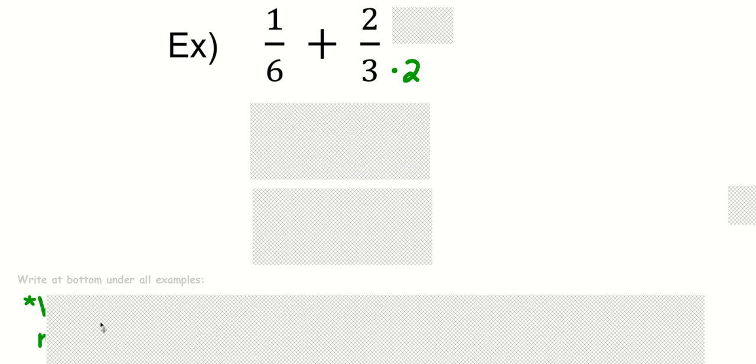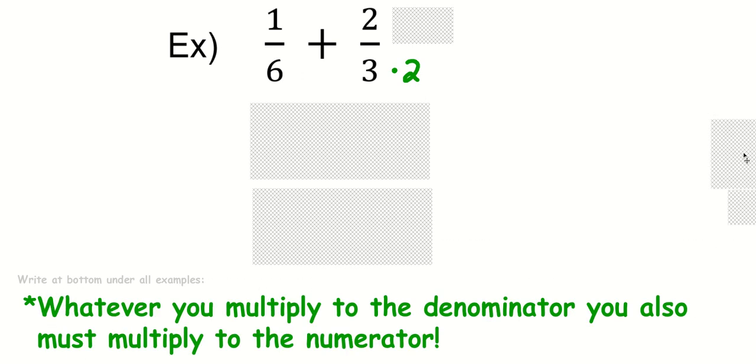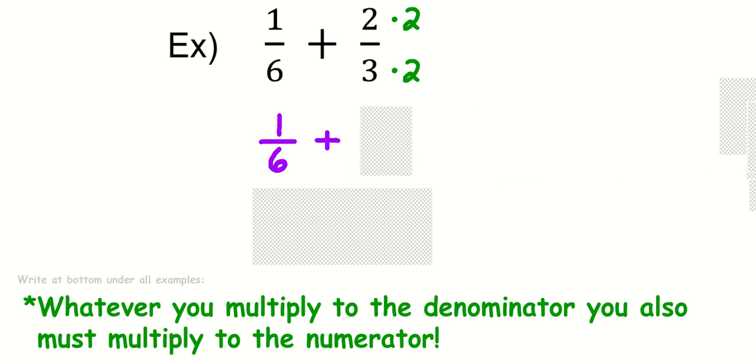But as this said down here, one of these rules with fractions that you probably remember from middle school is that whatever you multiply to the denominator, you also have to multiply to the numerator. Them's the rules, because that's the only way to keep 2/3 basically the same fraction.